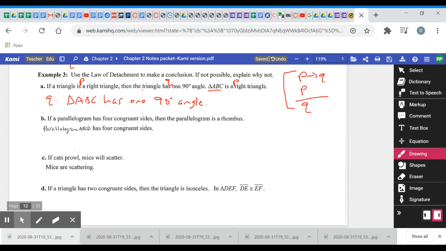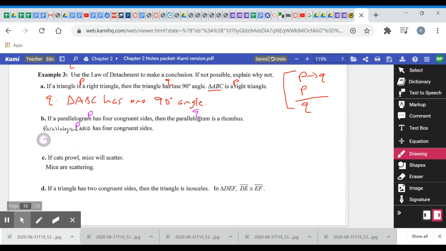On B, it says if a parallelogram has 4 congruent sides, then the parallelogram is a rhombus. So here's our P, here's our Q. And now our next line is basically restating P with the specific example of parallelogram ABCD. It says parallelogram ABCD has 4 congruent sides.